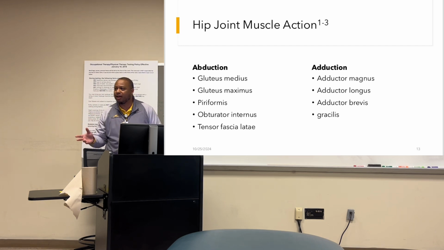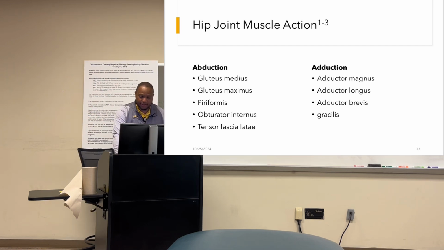You need to know that. Adduction: adductor magnus, adductor longus, adductor brevis, and the gracilis muscle. In addition to knowing the muscle action, make sure you also go back and review the innervation, because many times, if you know the nerve that innervates the muscle, you now also know an entrapment area.